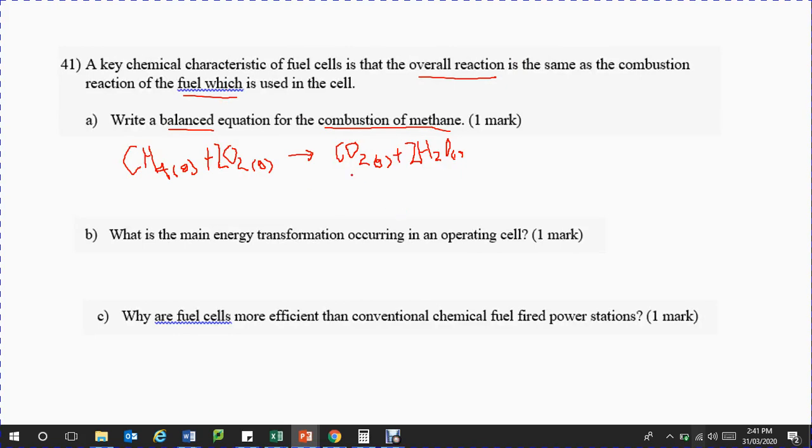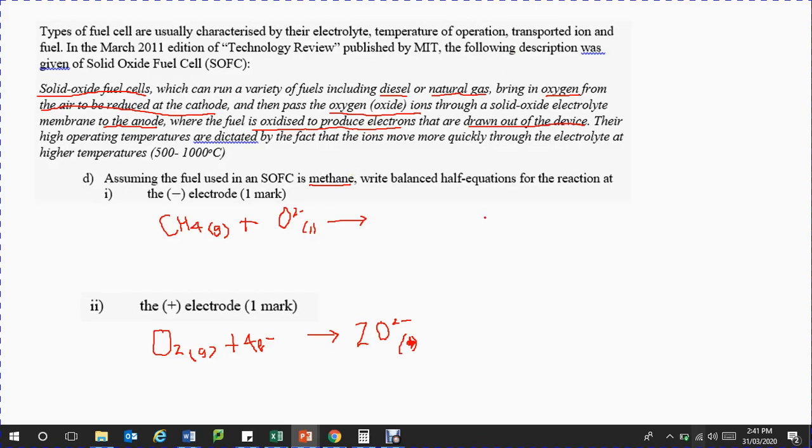So my products are going to have to be carbon dioxide and water. So I've got CO2 plus water, and let's use those states. Those are my products, and I've got my CH4. Now I need to balance it.